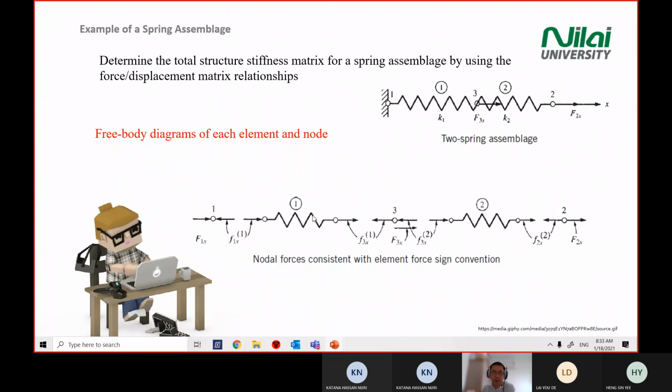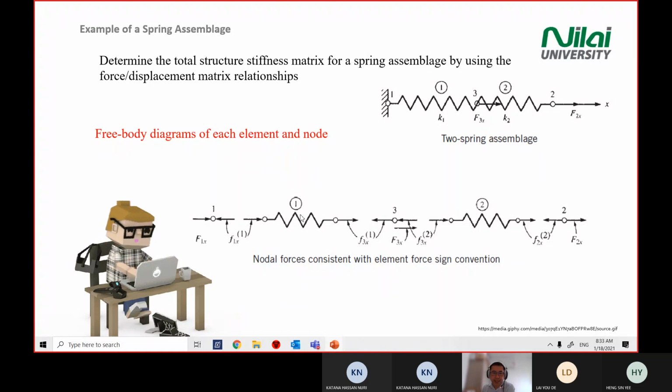Don't worry about the direction of the force first, but try to understand how we get 1, 2, 3, 4, 5, how you get these 5 individual free body diagrams. Try to understand: you break out point number 1, spring 1, point number 3, spring number 2, and point number 2.